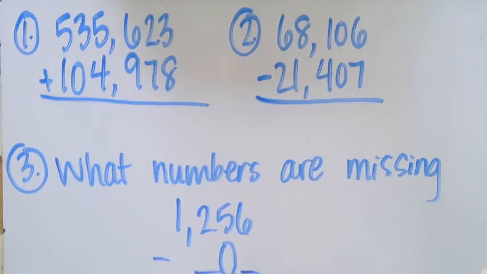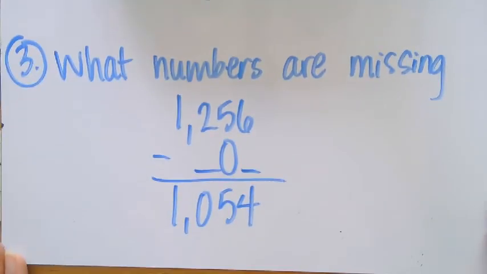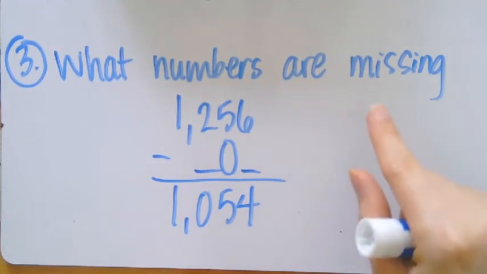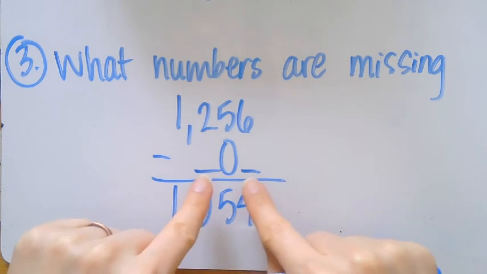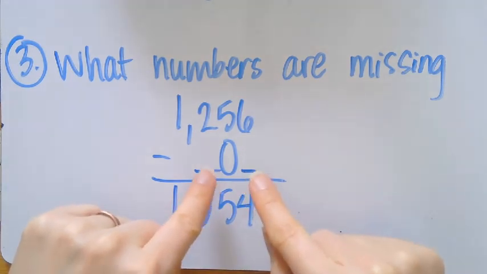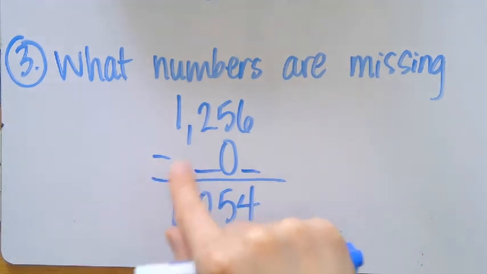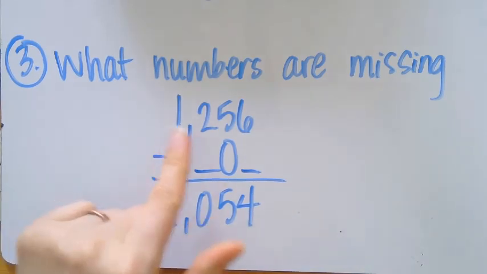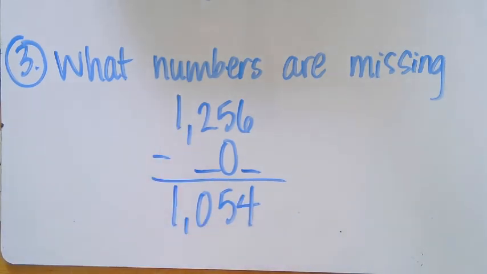Number 3 is focusing on what we did today and figuring out what numbers are missing. There are 2 blanks, so that means there are 2 numbers that you're looking for. Keep in mind what operation we're working on here. 1,256 minus something that has a 0 in the tens place will give you 1,054.